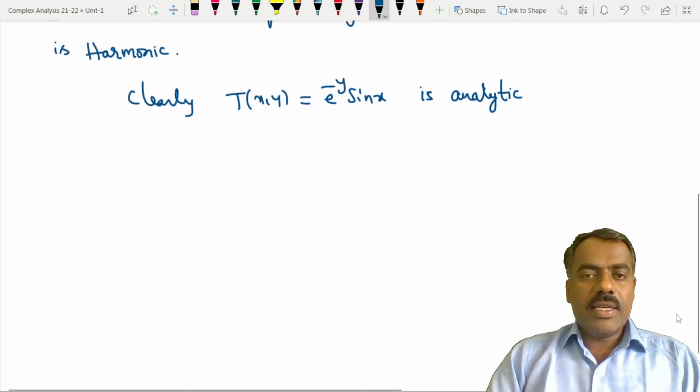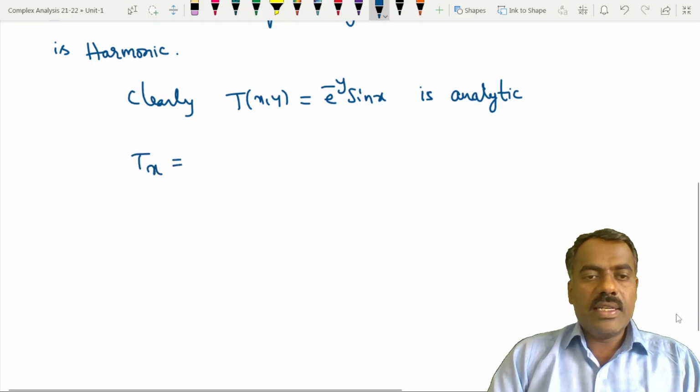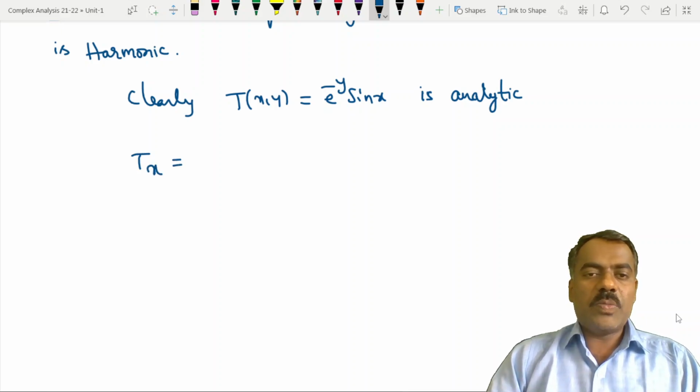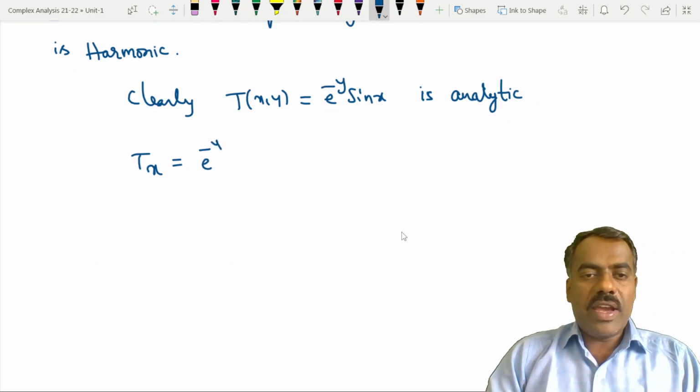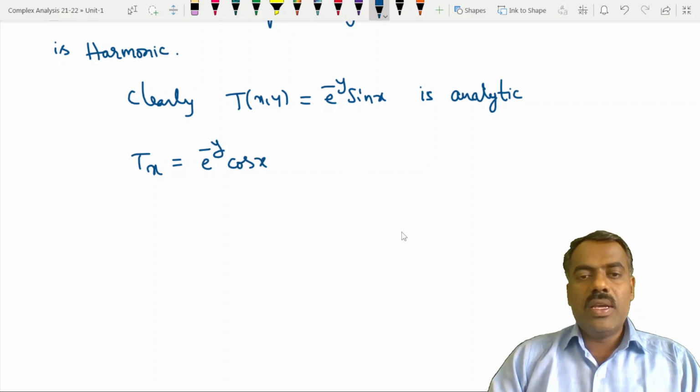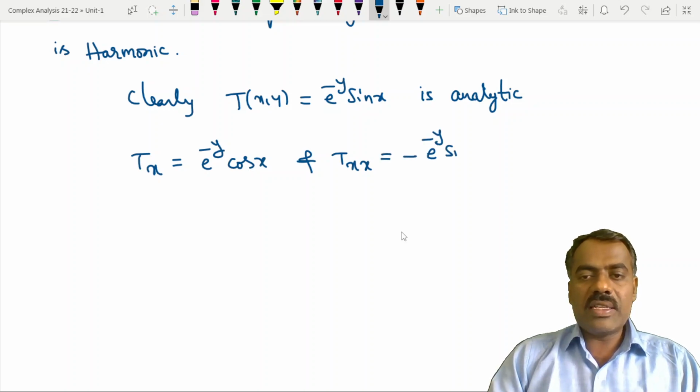Now to check this, what is Tx? That means partial derivative of T with respect to x, keep y as it is, e power minus y. For sin x it is cos x, and if you differentiate one more time, then it is minus e power minus y sin x. And what is Ty?